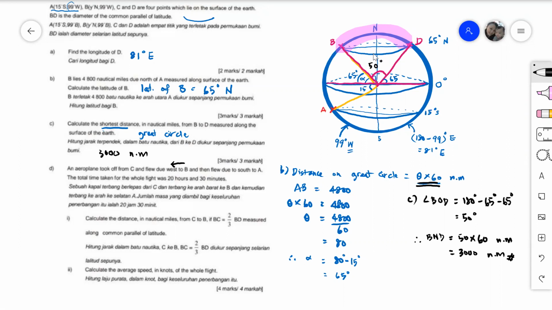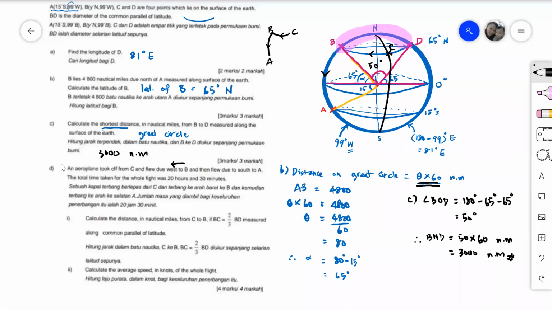I will just create another longitude that stretches from the North Pole to the South Pole and mark down my C over here. So the aeroplane will fly due west, and then due south to A. So we'll fly like this, C to B, and then to A.